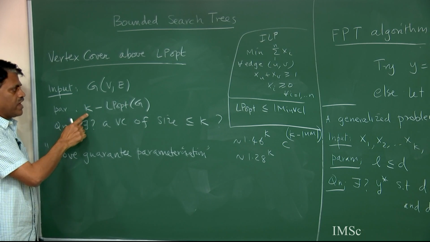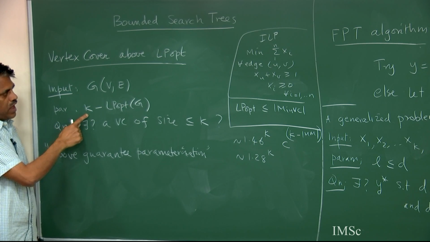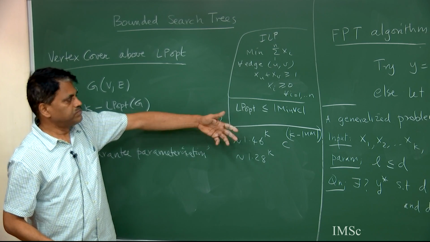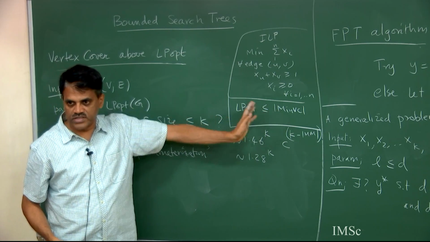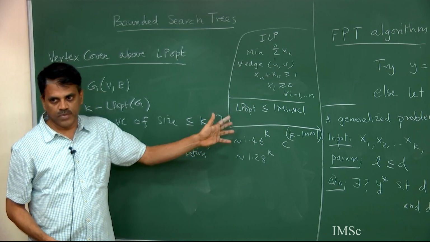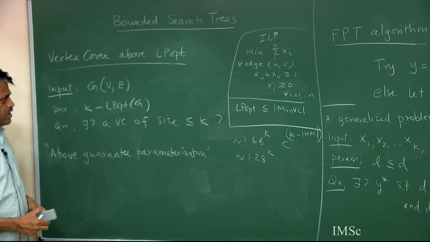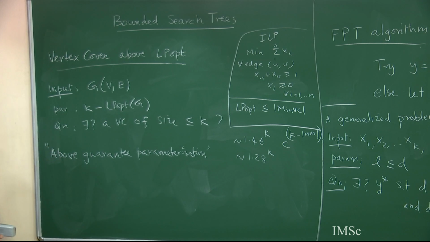Otherwise, if k is smaller than LP opt, then you know that there is no such vertex cover, so k must be greater than or equal to LP opt. So, I will ask this question. Now, you are given k minus the LP opt, that quantity, as the parameter, and we want to design an FPT algorithm for this. Okay, we are going to design a branching algorithm.